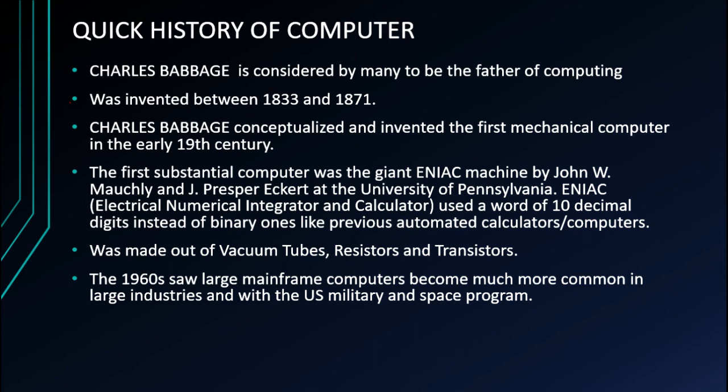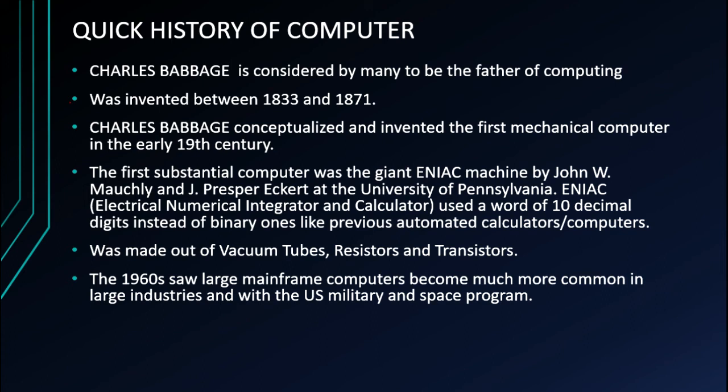Okay, so next is that the first ever giant computer is the giant ENIAC machine, which was invented by Mauchly and Eckert at the University of Pennsylvania. Okay, so ENIAC stands for Electrical Numerical Integrator and Calculator.